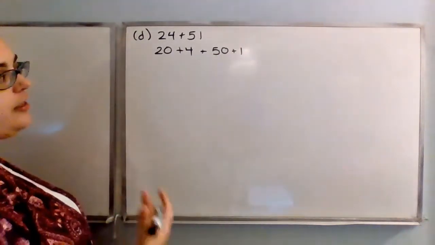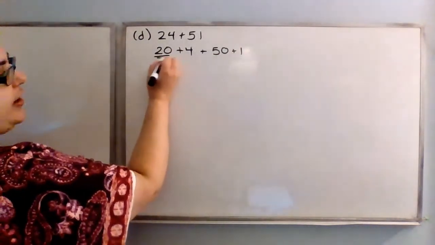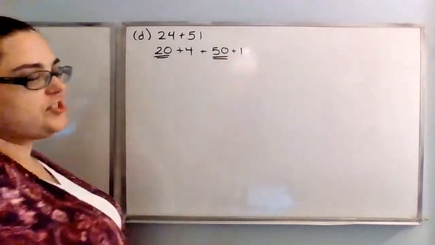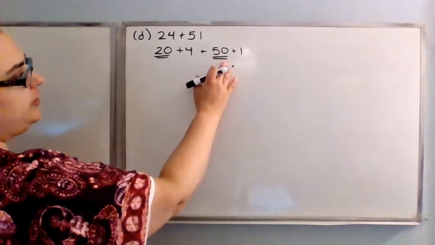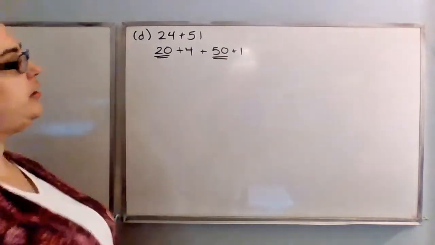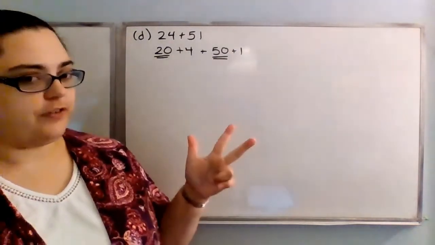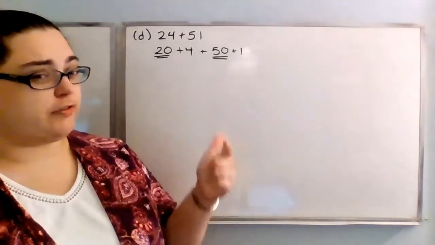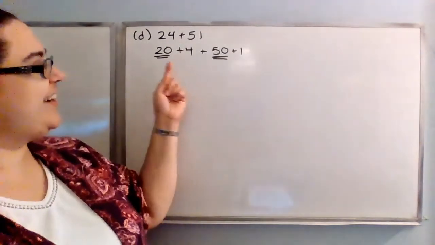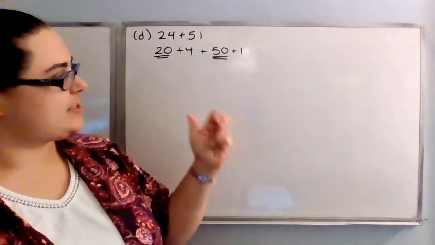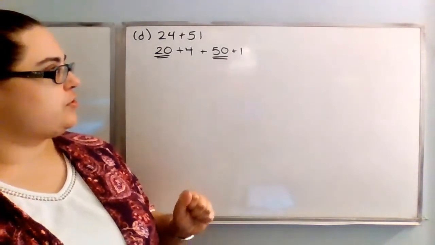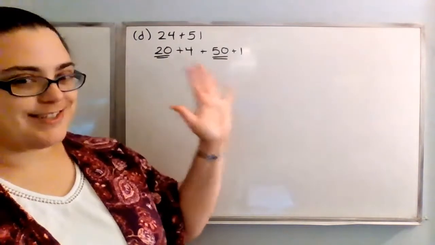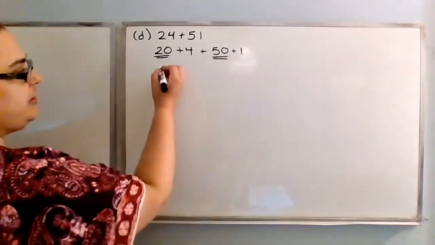Then I can go ahead and add the tens together. So 20 plus 50. I would do 20, 30, 40, 50, 60, 70, or 2 plus 5. So 2, 3, 4, 5, 6, 7. Okay, so I'm going to get a 70.